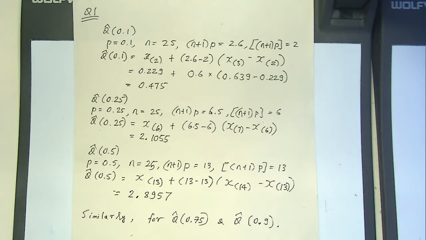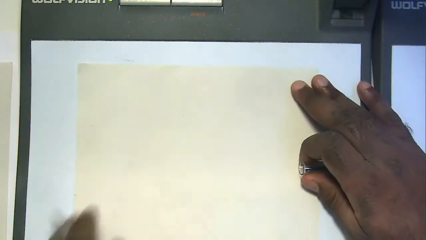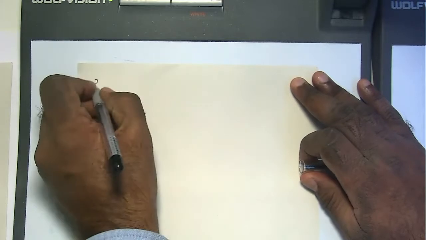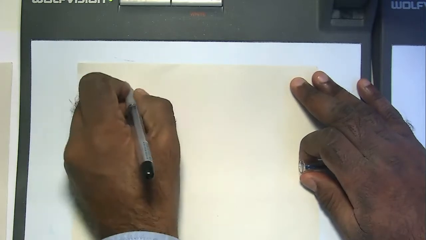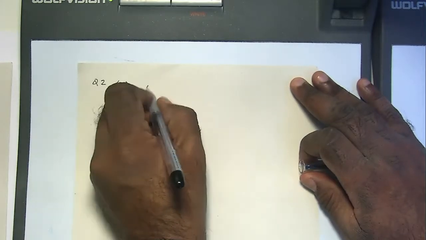Guys, the 5-number summary means, I'll write it down so that you guys can see on paper.